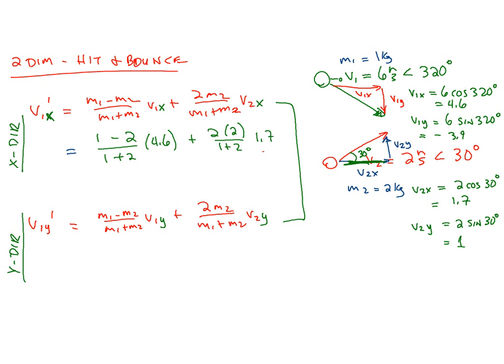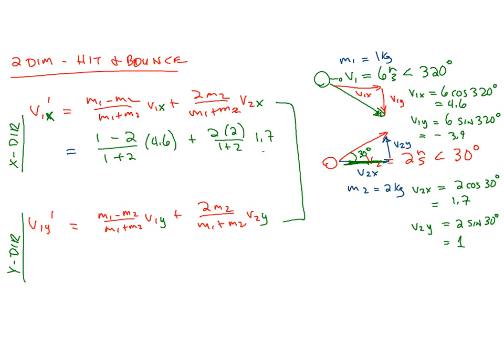Okay? When I do V1x, make sure you get V1x. When you want V2x, get V2x, and you put those numbers in. Alright, so I'm going to do that up right now. The top one here would be, let me put some parentheses here. Actually, this would be negative 1 times 4.6 divided by 3.